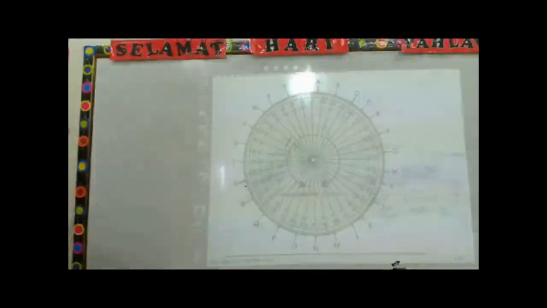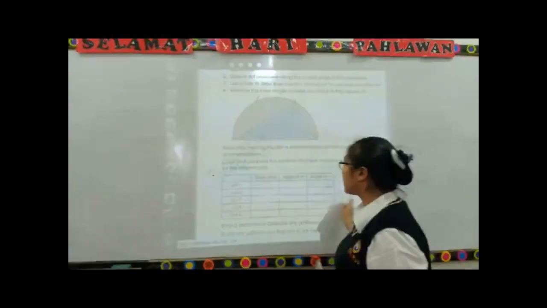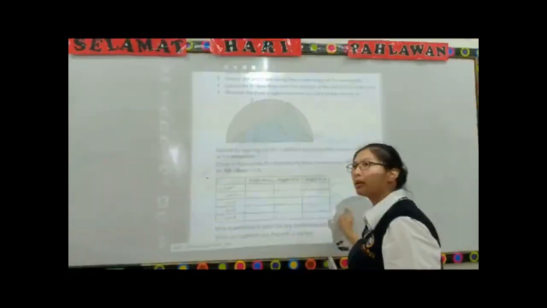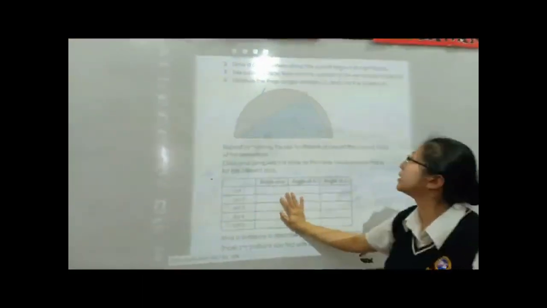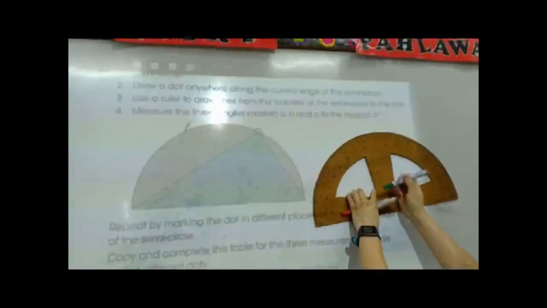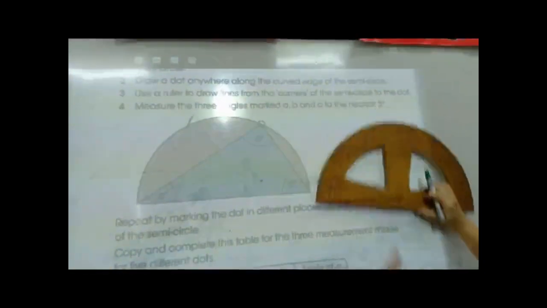For the next question, you're going to draw this in your answer book. You have to copy this. Draw a half circle, like this.